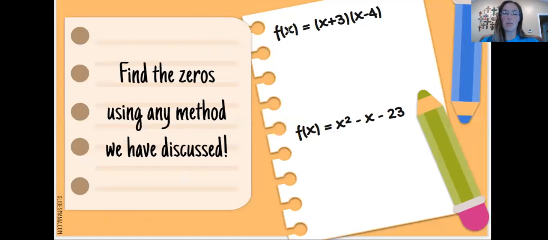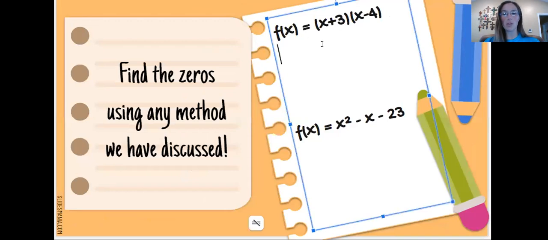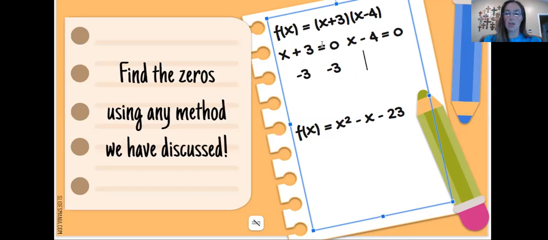On this type of problem, if it said find the zeros using any method, the simplest thing to do would be to set the factors equal to 0 and solve, because it's already set up with our factors. So we would have said x plus 3 equals 0, and our other equation would have been x minus 4 equals 0. Then we would have subtracted 3 from both sides, and here we would have added 4 on both sides.